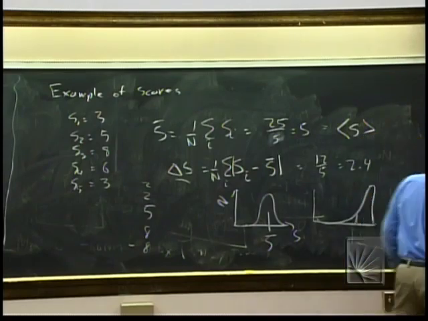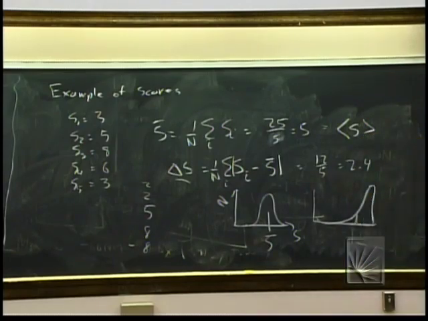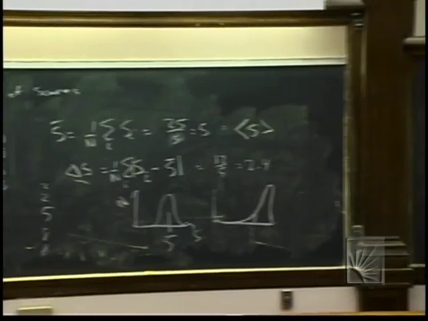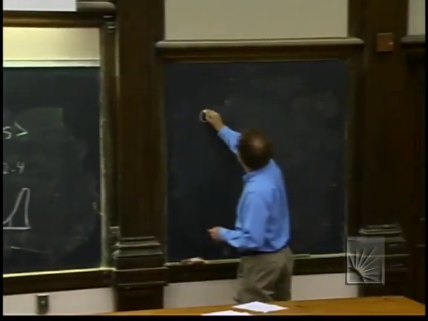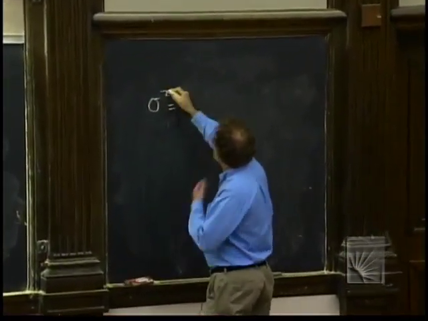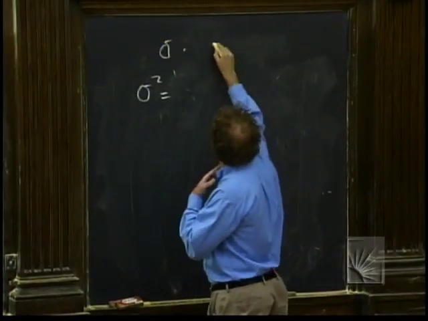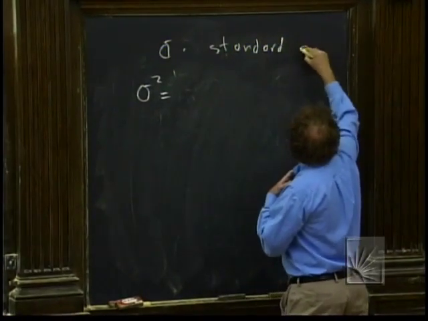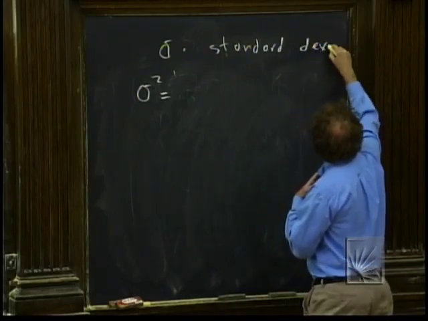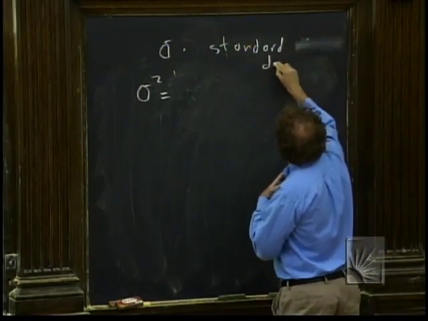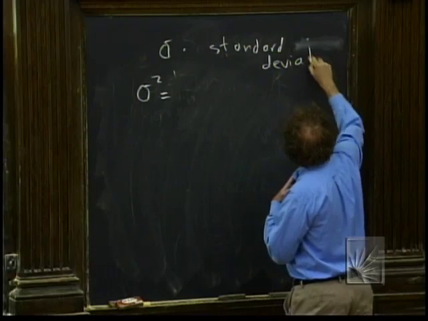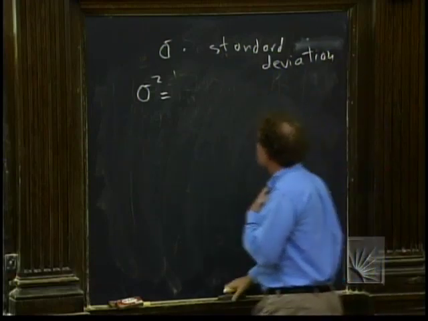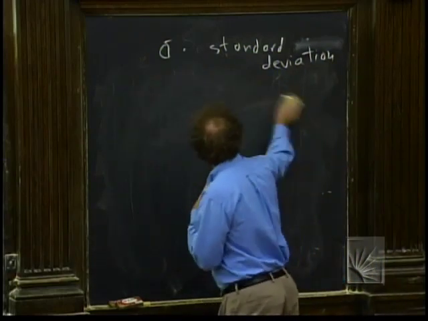So you've probably seen this, but here we go. What we do is we define what's called the standard deviation, sigma. It's a measure of deviancy.